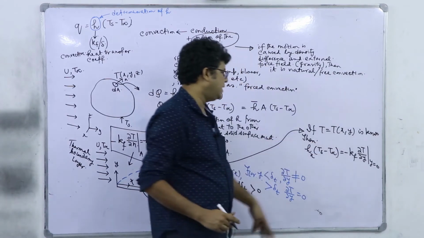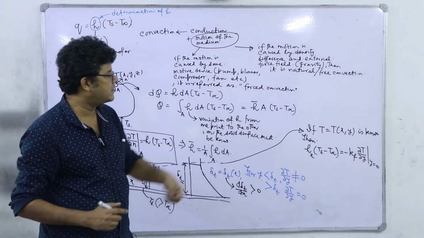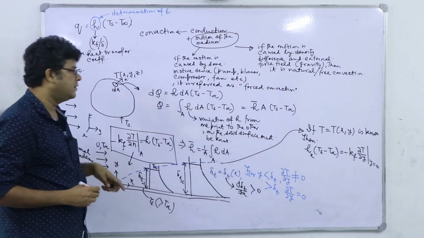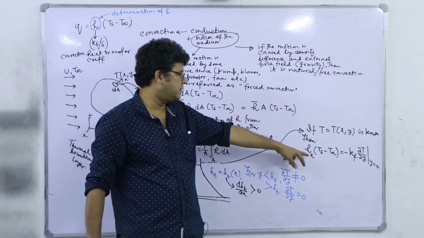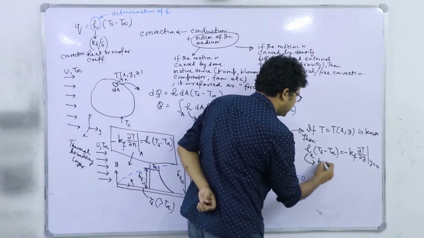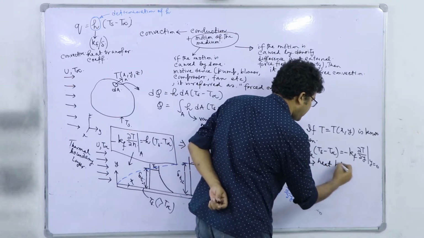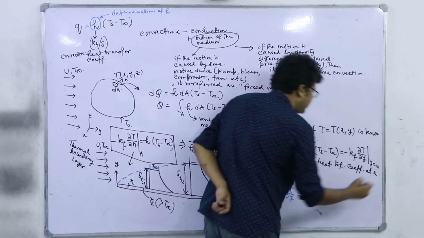Now it is much better defined. Instead of n, we now have a chosen direction, and that direction matches with one of the original coordinate axes, and we can write that hx, the local heat transfer coefficient, is the heat transfer coefficient at x.